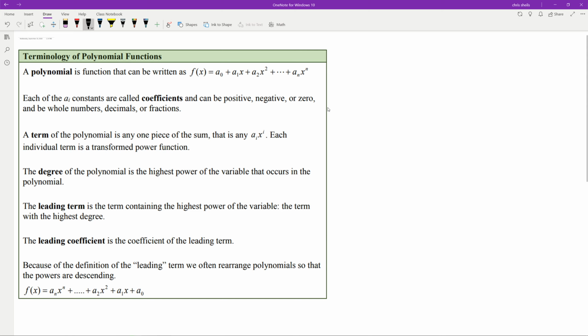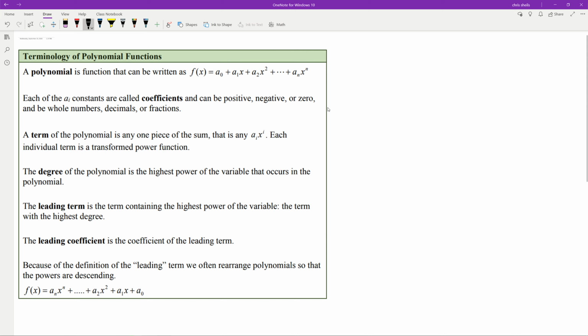The highest power that you see is the degree of the polynomial. The leading term is the term that contains that highest power. It's the term with the highest degree. And the leading coefficient is the coefficient of the leading term. So it's the number that the variable with the highest power is being multiplied by.